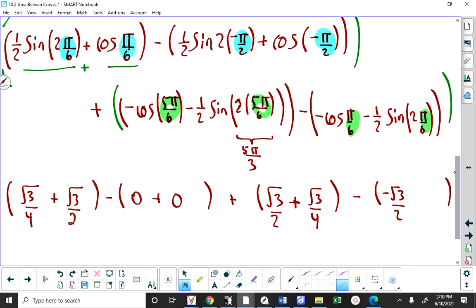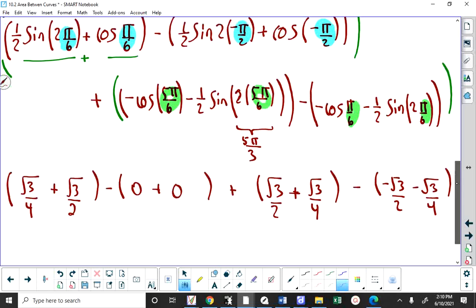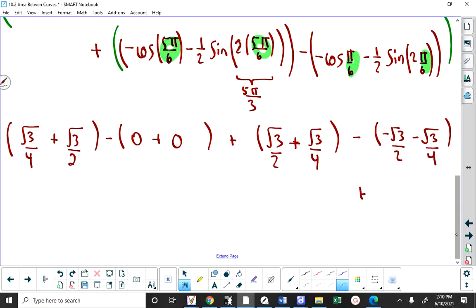Times negative a half is negative root 3 over 2. No, is negative root 3 over 4. Distributing that negative, I get that. So what I see is I have a root 3 over 4 plus a root 3 over 4 plus a root 3 over 4. If I remove all the brackets, I have this.